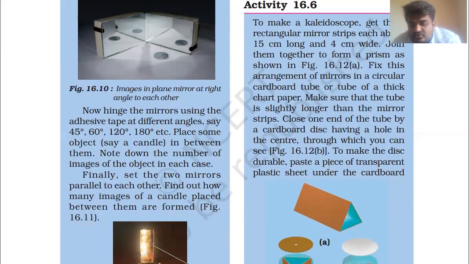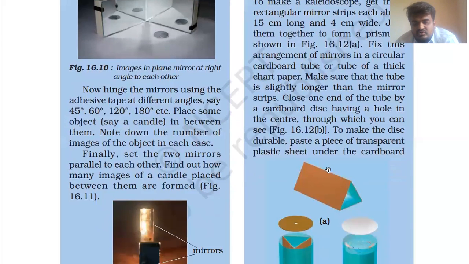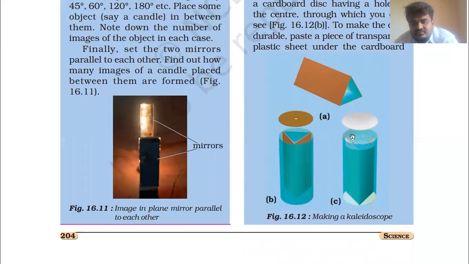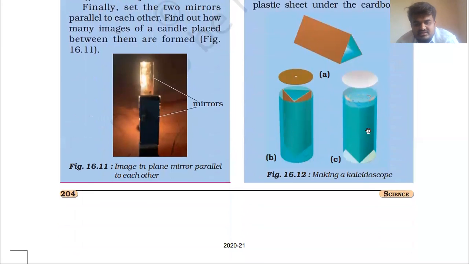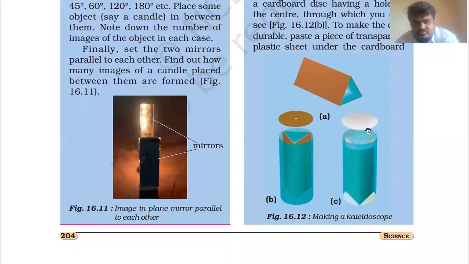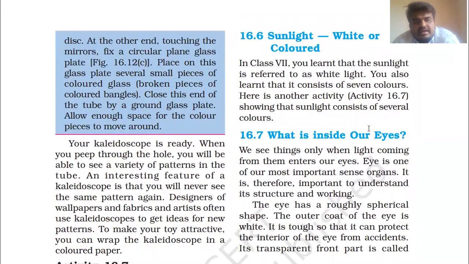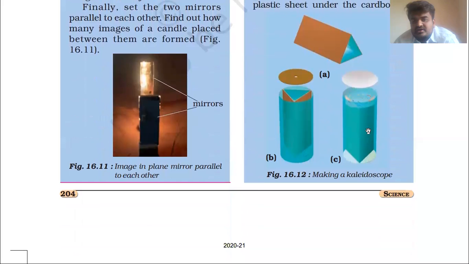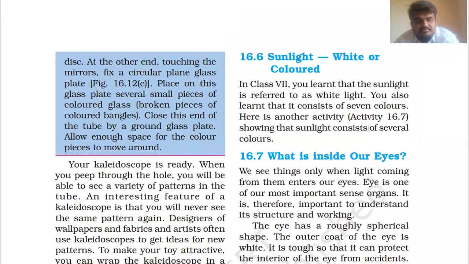To make the disc durable, paste a piece of transparent plastic sheet under the cardboard, as shown in figure C. At the other end, touching the mirrors, fix a circular plain glass plate as shown in figure 16.12c.